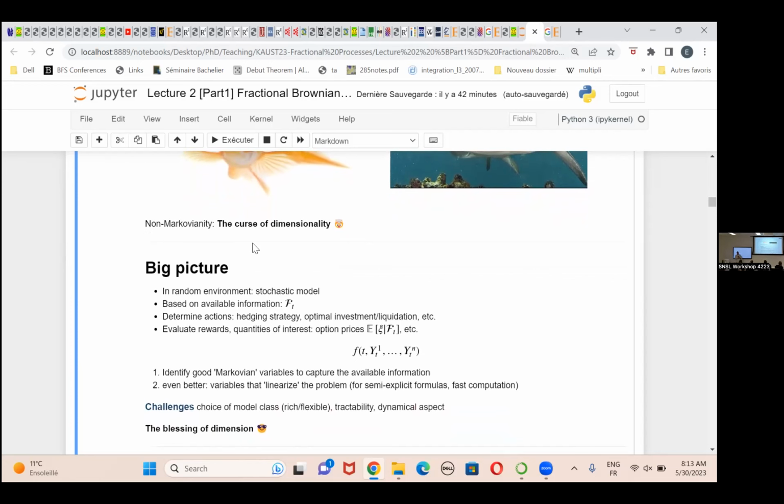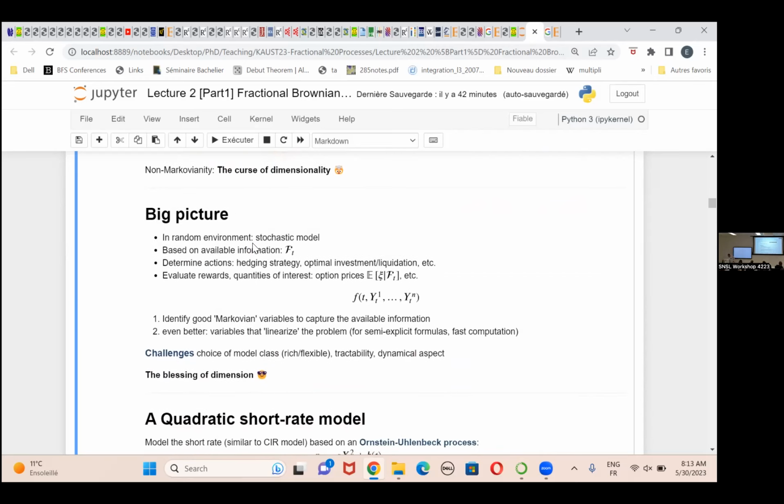Okay, because it helps us linearize the problem, and we see this every day when you do deep learning, right? Dimensionality, neural network linearize the problem, right? Because in the final layer of the neural network, you're simply doing linear regression, right? So you linearize the problem. Okay, so this is the main message.